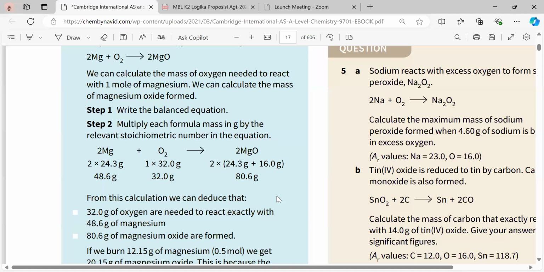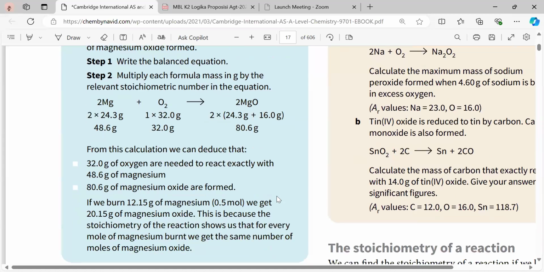From this calculation, we can conclude that 32 grams of oxygen are needed to react exactly with 48.6 grams of magnesium, so 80.6 grams of magnesium oxide are formed. If we burn 12.15 grams of magnesium, which is 0.5 mol, we get 20.15 grams of magnesium oxide. This is because the stoichiometry shows that for every mole of magnesium burned, we get the same number of moles of magnesium oxide.